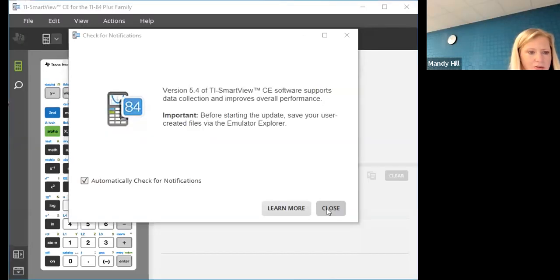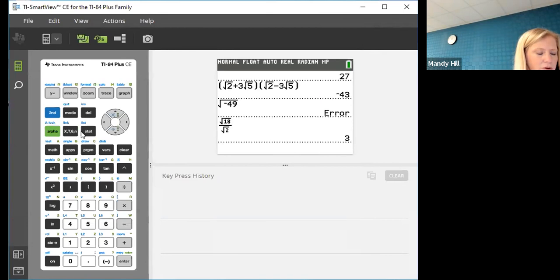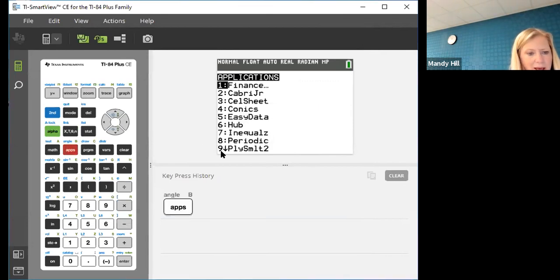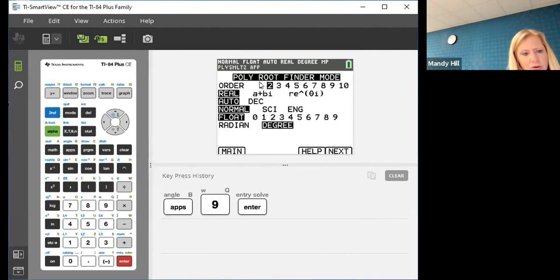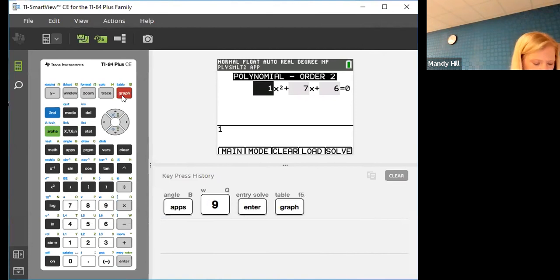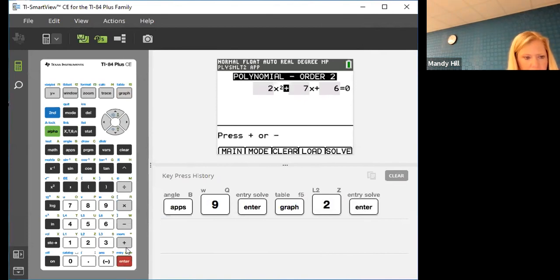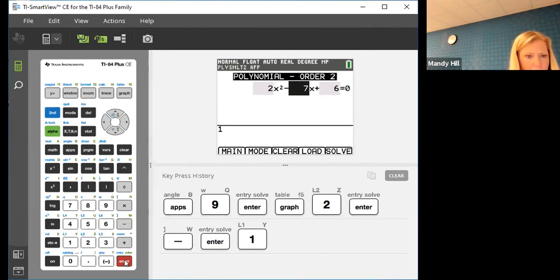So if I go to my graphing calculator and work the one that we just had, you would go to your apps and pick number 9. This is the poly root finder. We do want it to raise to the second power, so we're going to hit Next. And we want to type in the equation that we had, which ends up being 2x squared minus 1x.